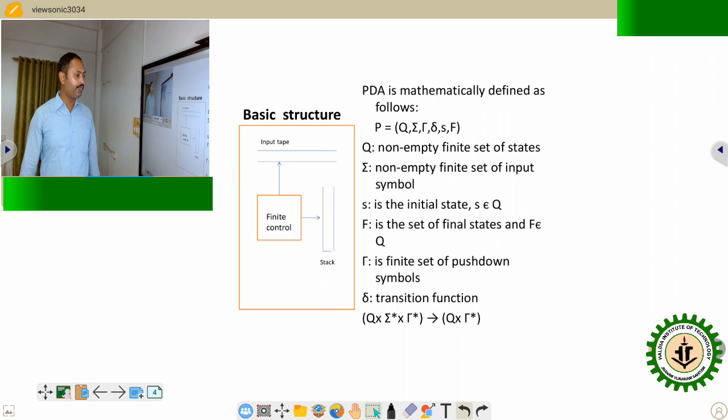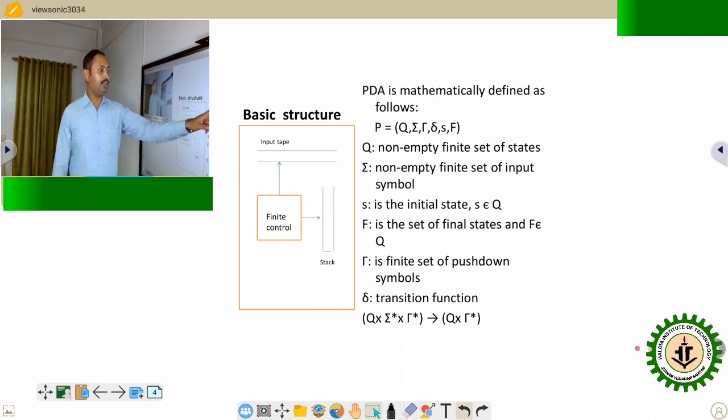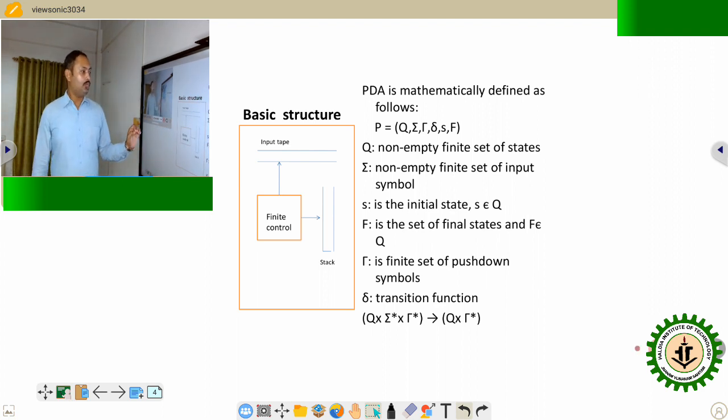Capital F is the set of final states. And there is a new term known as tau, which is a set of pushdown symbols. Means after scanning a particular symbol, we have to store it into the stack. The symbols which are stored into the stack are known by this special notation, tau.